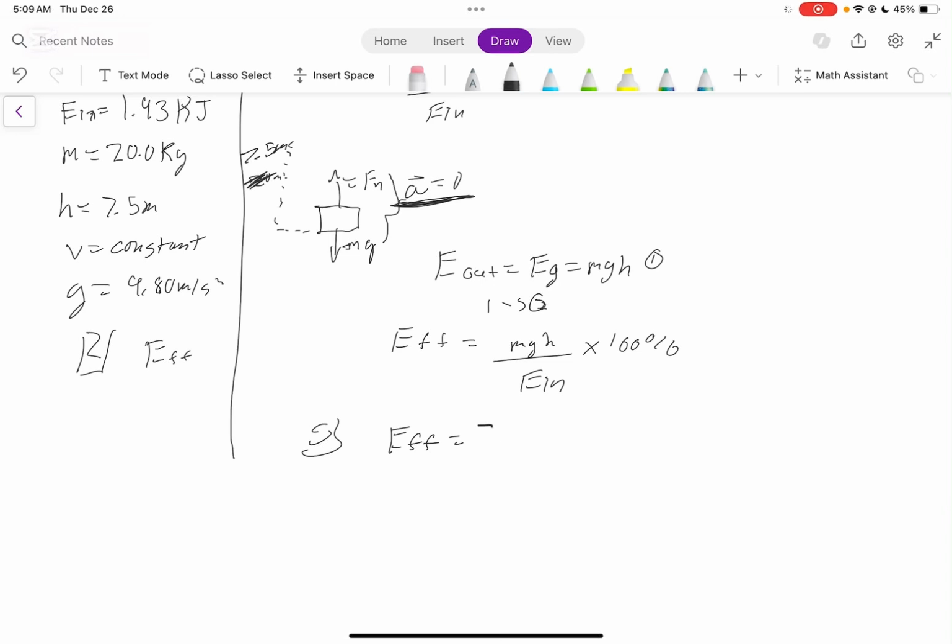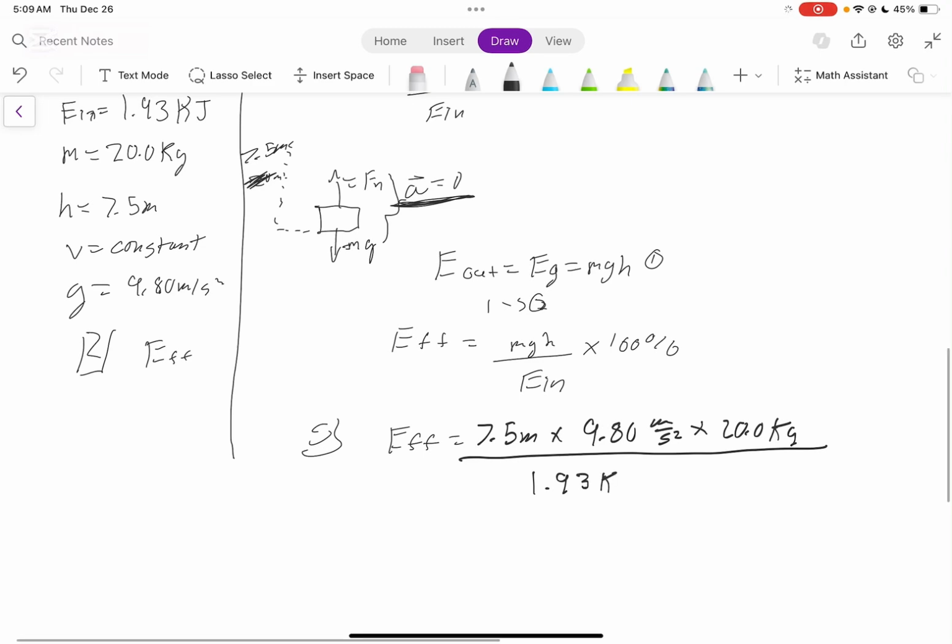So 7.5 meters multiplied by 9.80 meters per second squared multiplied by the mass, 20.0 kilograms, divided by the E in, which is 1.93 kilojoules.